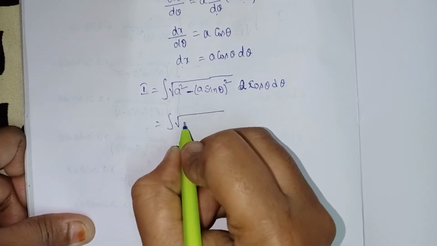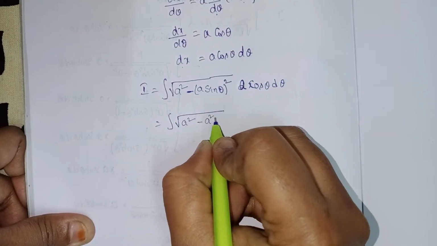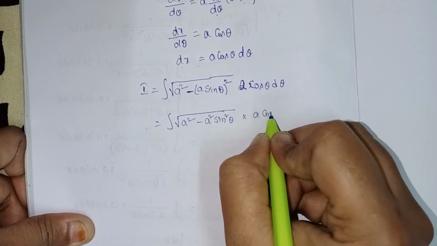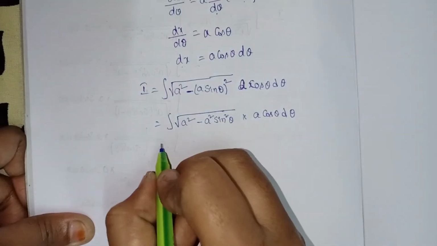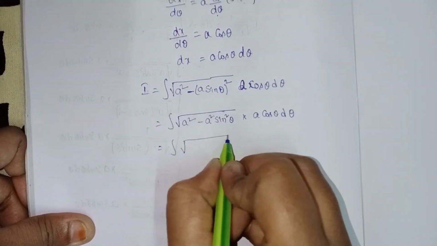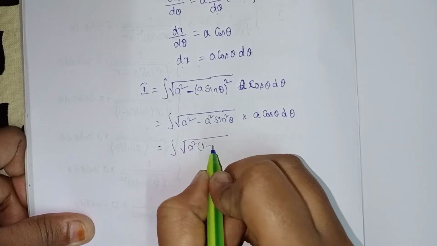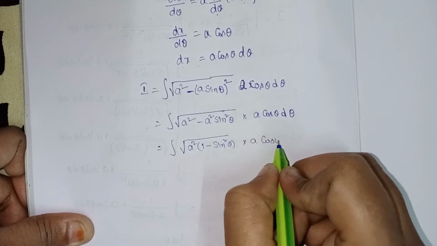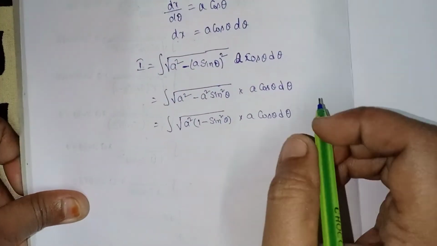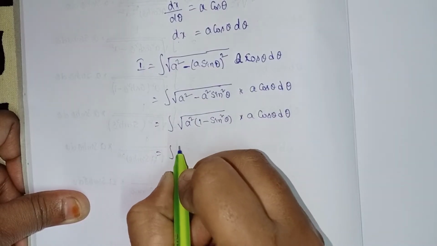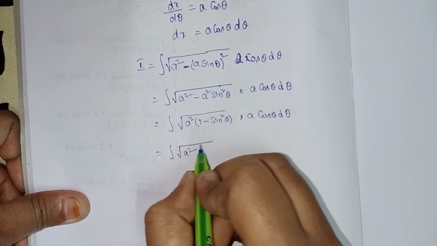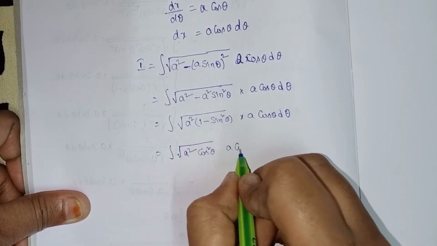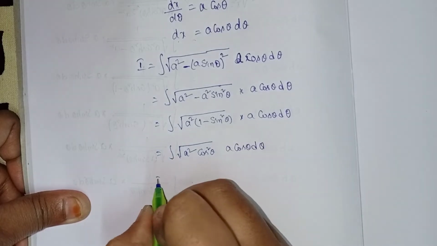The integral of square root of a square minus a square sine square theta into a cos theta d theta. Take a square common: 1 minus sine square theta, which is cos square theta, into a cos theta d theta.